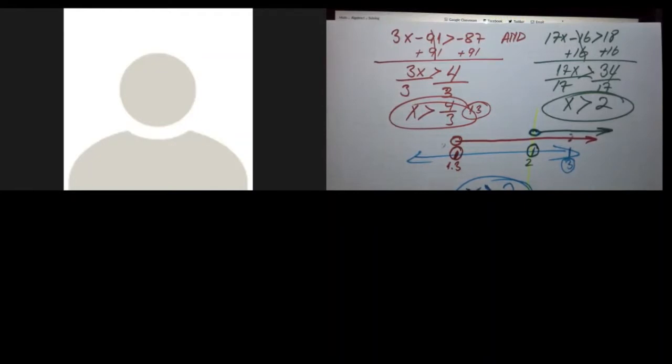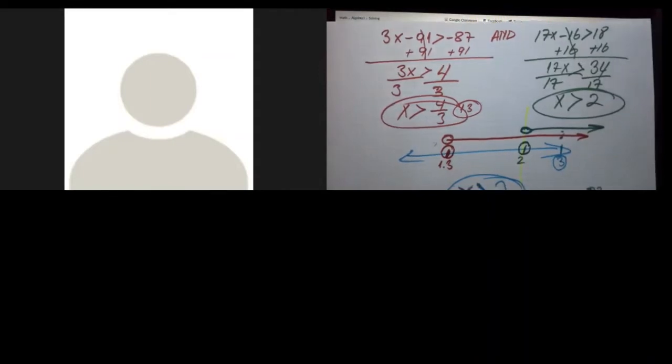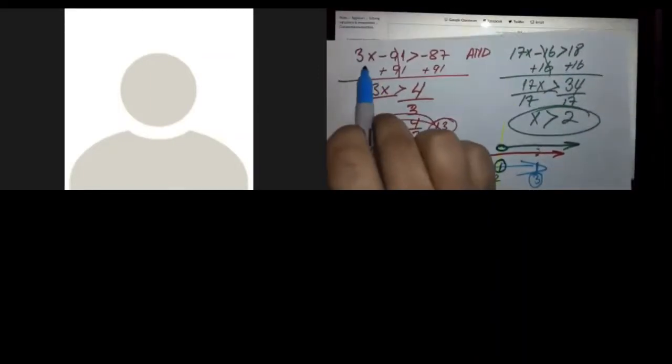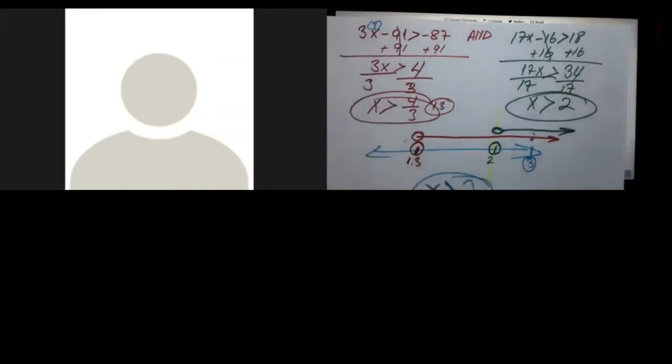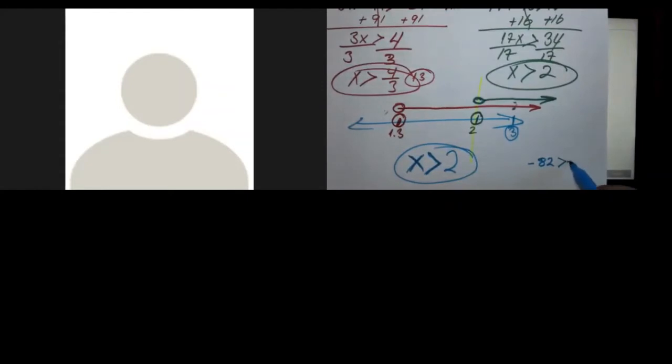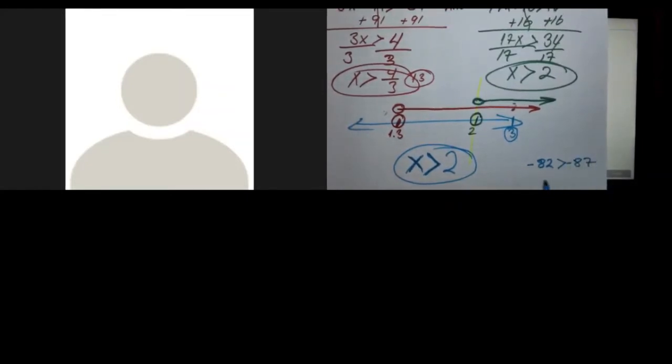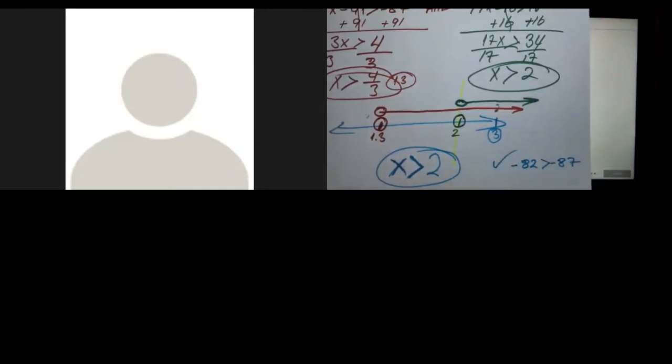We picked the smallest whole number, 3. 3 times 3 is 9. 9 minus 91 is negative 82. Negative 82 is a greater number than negative 87 because it is negative numbers. So it works for that.